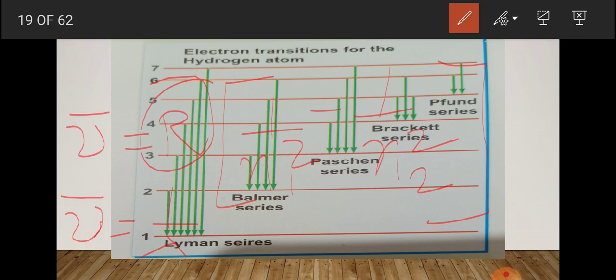Suppose I am talking about the Lyman series, so n1 will be constant and n2 will vary. For the Balmer series, n1 will be 2 and n2 will vary. For the Paschen series, n1 will become 3 and n2 will vary.